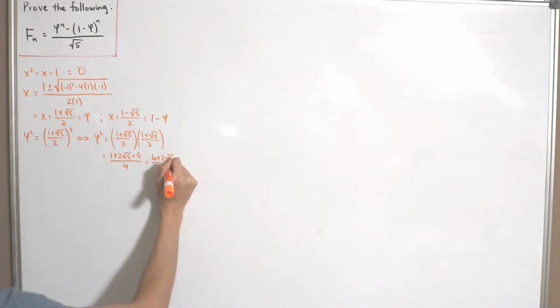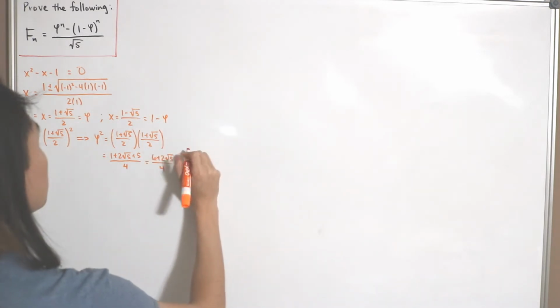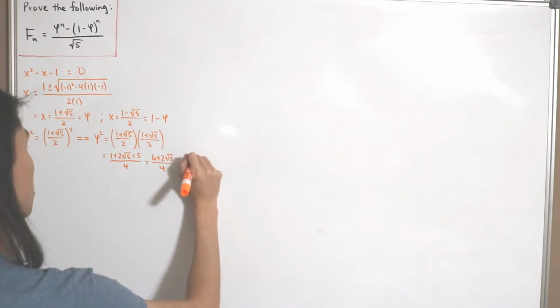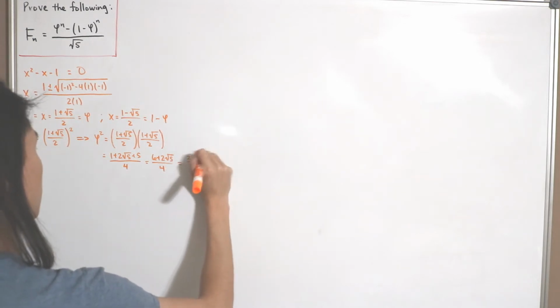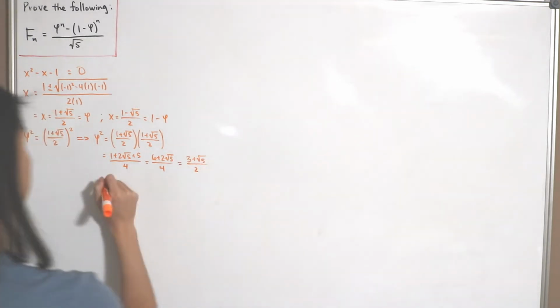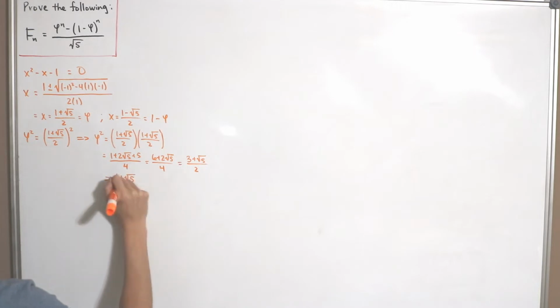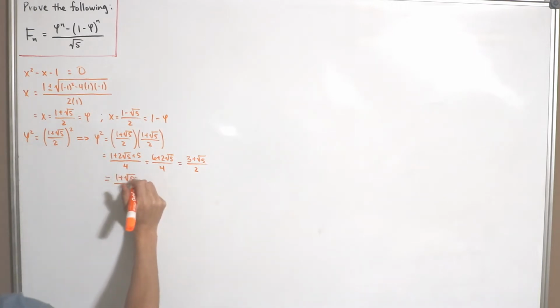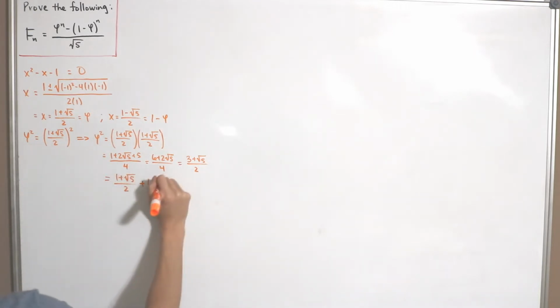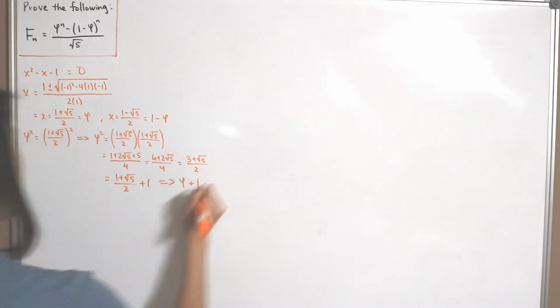Simplifying, this is just (3 plus the square root of 5) divided by 2. In other words, this can be rewritten as (1 plus the square root of 5) divided by 2, and then we add a 1 to it. And we know that this is the golden ratio number, so this is phi plus 1.